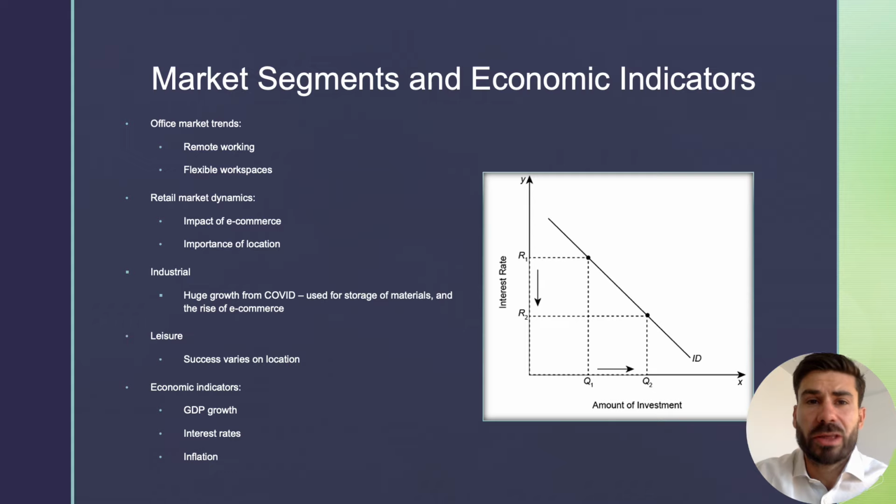It's important to note that all markets are cyclical and there are repositioning opportunities such as converting offices to residential, which have led to profits being made by investors in underperforming sectors. Factors like GDP growth, interest rates, and inflation all impact property values and yields.